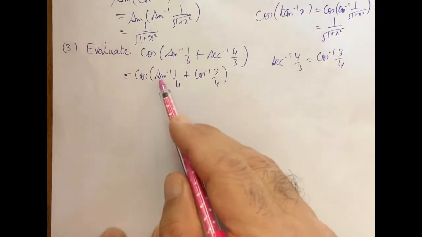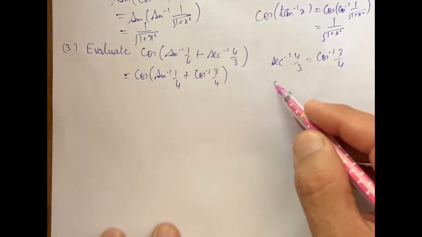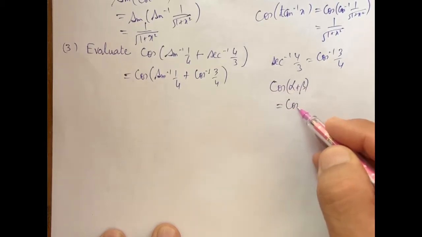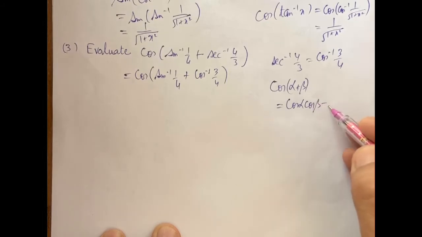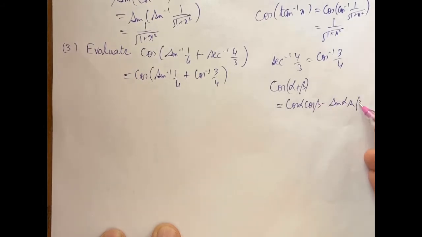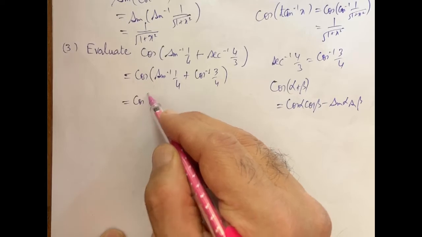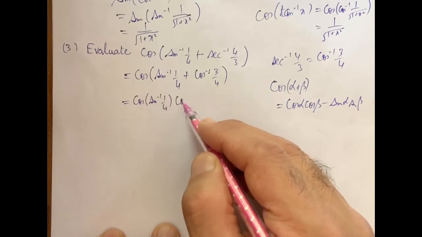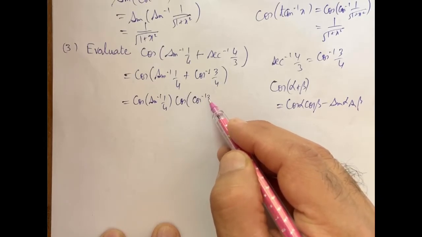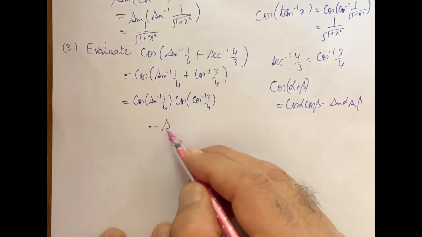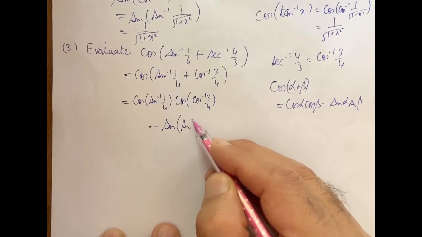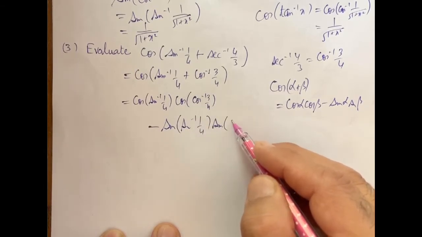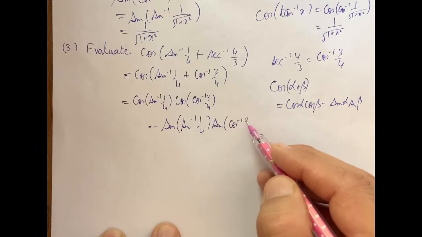This is like cos of alpha plus beta, and cos of alpha plus beta we know is cos alpha cos beta minus sin alpha sin beta. This is cos of sine inverse of 1 by 4 times cos of cos inverse of 3 by 4 minus sin of sine inverse 1 by 4 times sin of cos inverse of 3 by 4.